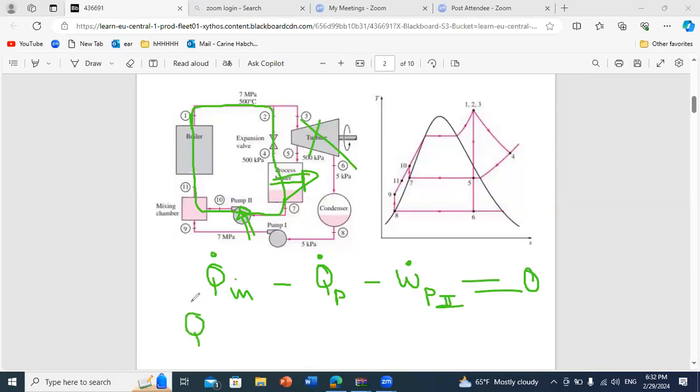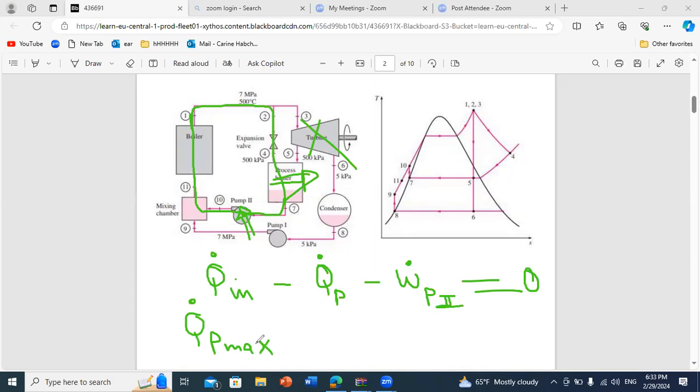This is the maximum possible process heat that I can extract. Why do we say it's the maximum possible? Because we always have losses. If I tell you, for example, the process heater has an efficiency of 90%, then you will say that the extracted heat is 90% times the maximum possible extracted heat.